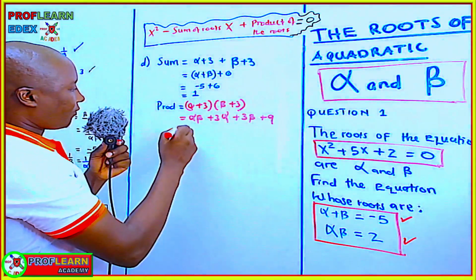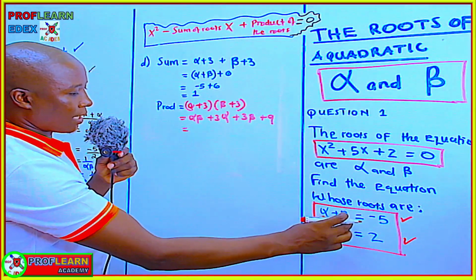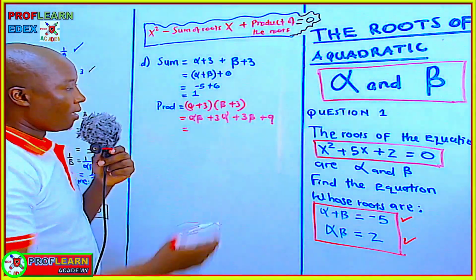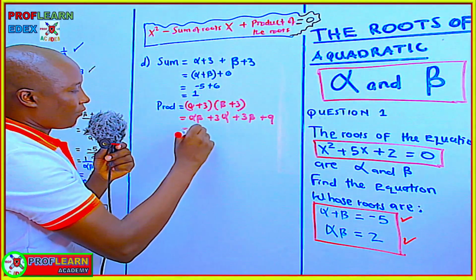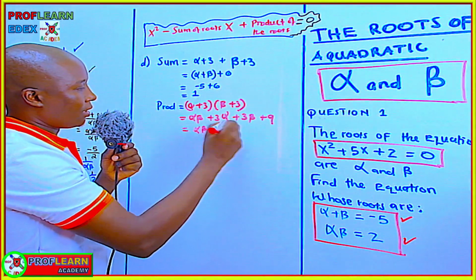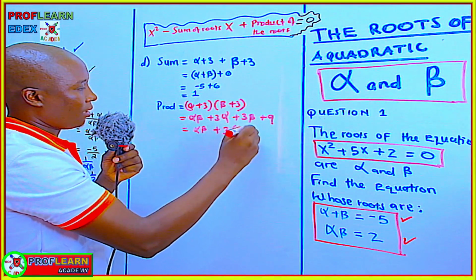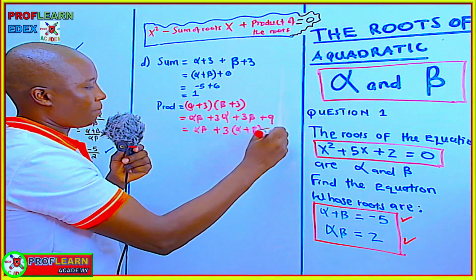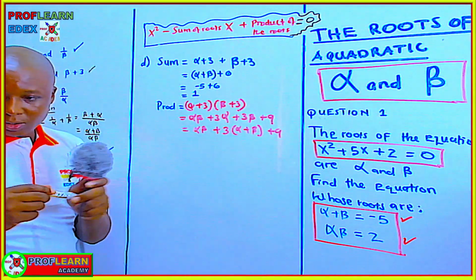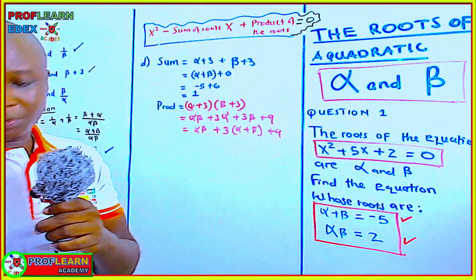So once we have this, we're going to try to have terms which have alpha beta and alpha plus beta. To do that, we have alpha beta, good for us, and then plus this. You see 3 is common, we can say 3 into alpha plus beta, then plus 9, so that once we are at that point, we are in a position to start the substitution.